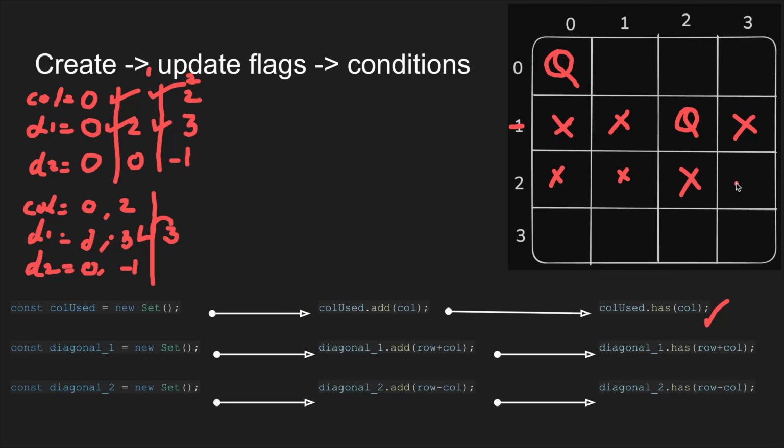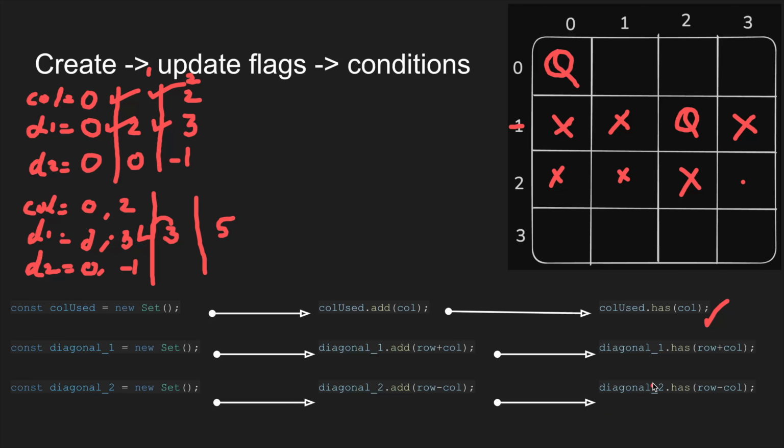If we check with the column, it does not have this, so we can put. But if we see the diagonal 1, that is 2 plus 3, that is 5, it does not have.